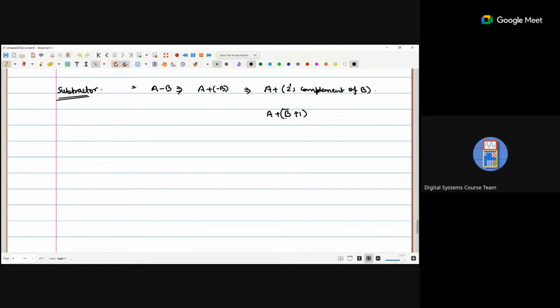So this particularly behaves as a subtractor.